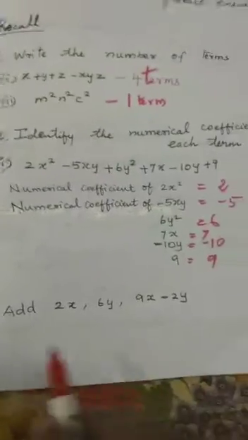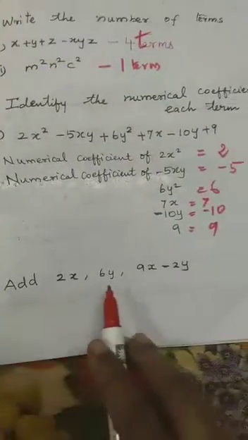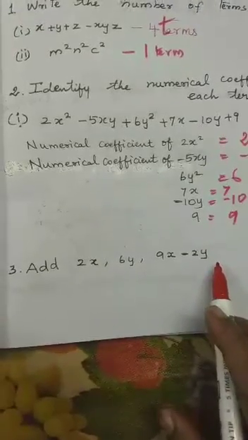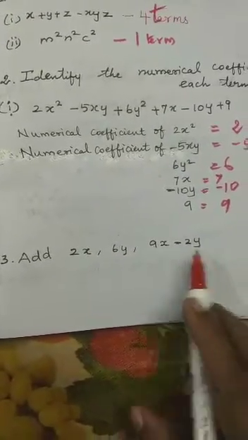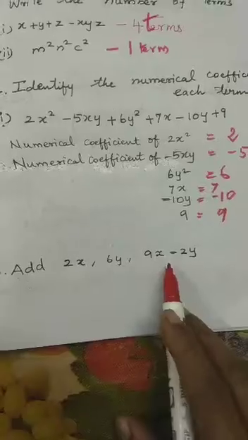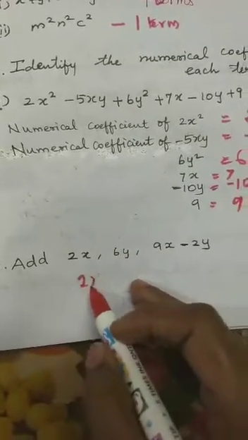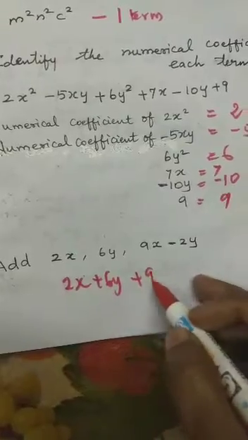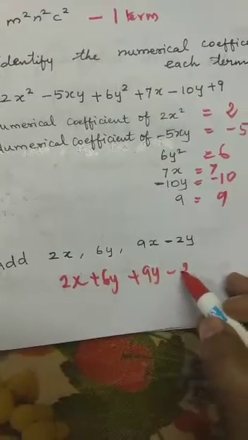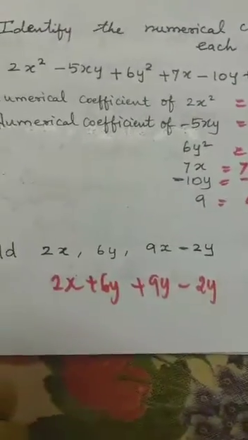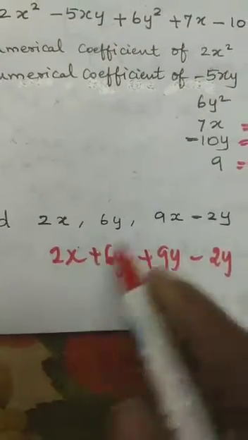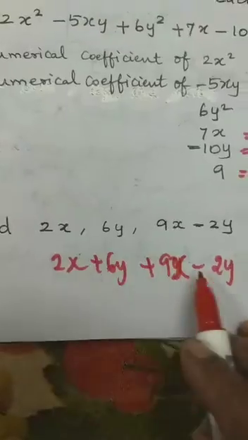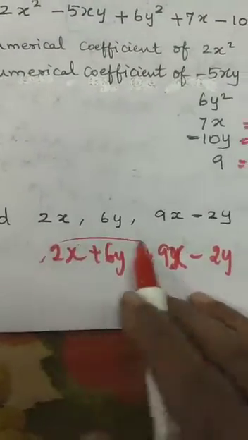Now we shall add 2x plus 6y and 9x minus 2y. Which are the like terms here? 2x and 9x are like terms here.